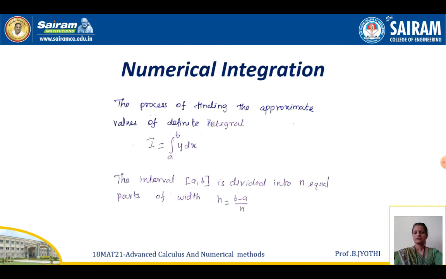The process of finding the approximate value of the definite integral I = ∫ from a to b of y dx is called numerical integration. The interval [a, b] is divided into n equal parts of width h = (b − a)/n.